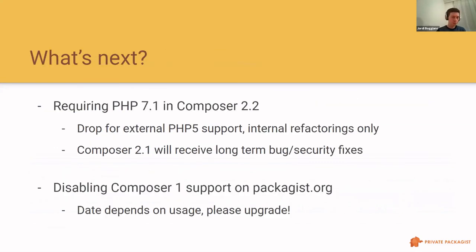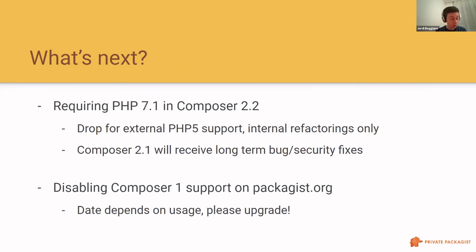And then just a quick word about the roadmap going forward. We plan to require PHP 7.1 in Composer 2.2. And that's something I didn't mention yet, but Composer 2.0 still supports PHP 5.3.